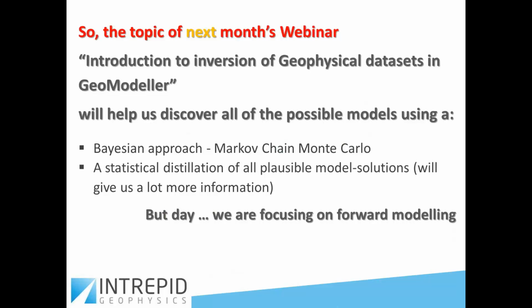All of the plausible model solutions are kept, and then we do a statistical distillation of all the possible models and come up with an optimum and an understanding of geological and geophysical uncertainty in our answers to do with properties and models that can, by varying degrees, all fit our observed data. But that's for next month, and for this month we're going to focus on forward modelling.